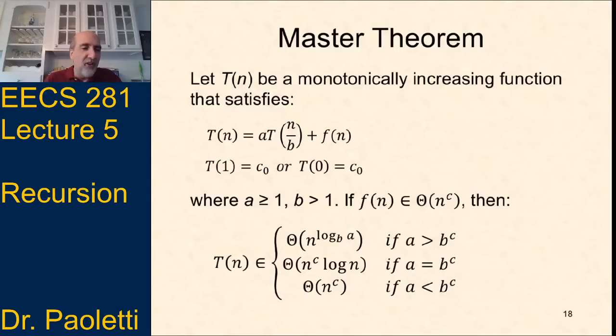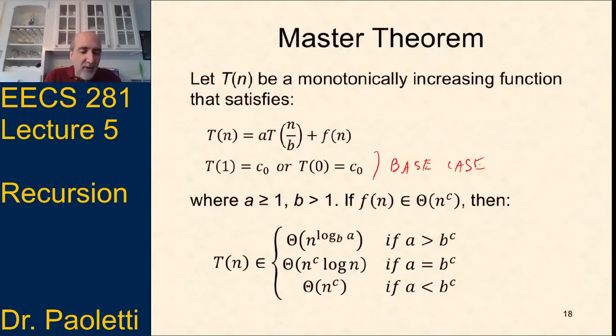So our time function has to be always increasing. Monotonically means as n increases, T increases. It never goes flat, it never goes down. Okay, and it has to satisfy a few things here. First of all, T of n has to be of the form a times T of n divided by b plus f of n. Now there's some restrictions here. The second part says we've got to have a base case.